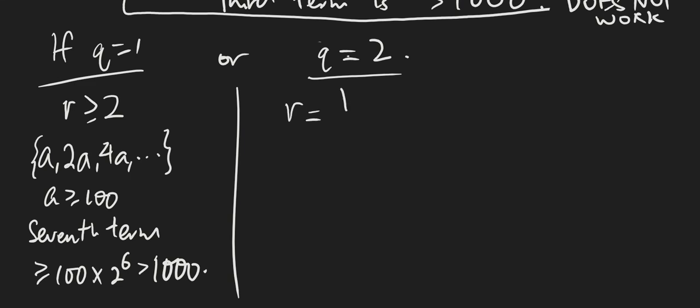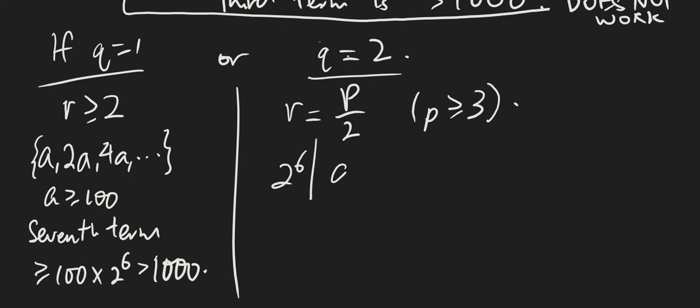So r equals p over 2, so p is at least 3. We must also mention that from our previous logic, we also have 2 to the power of 6 is a factor of a, right?